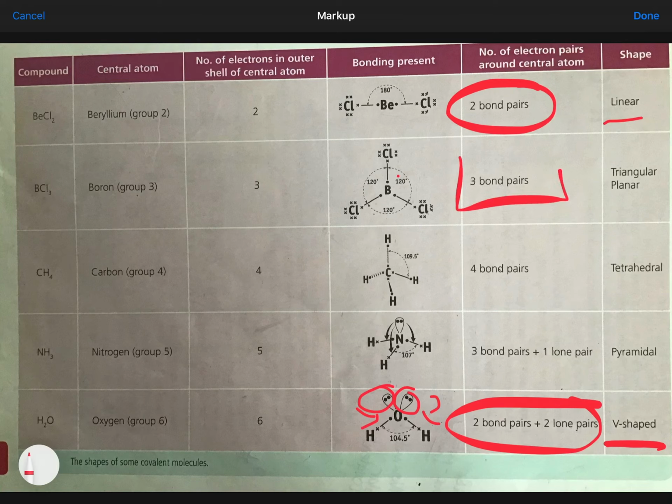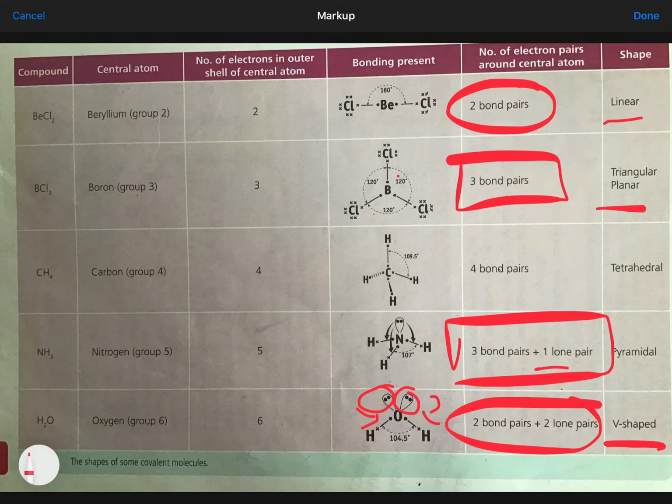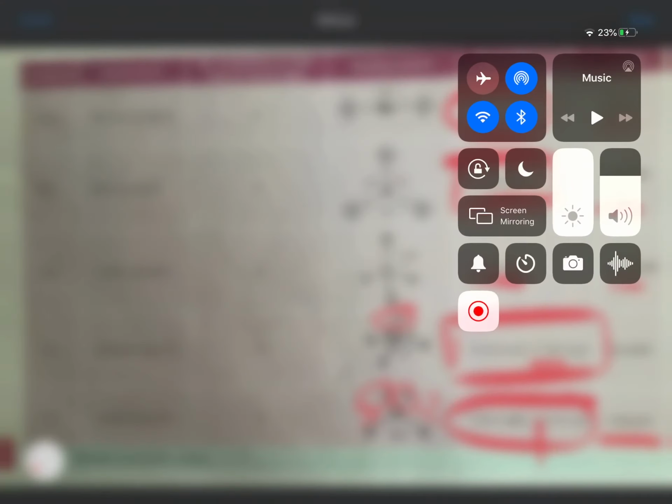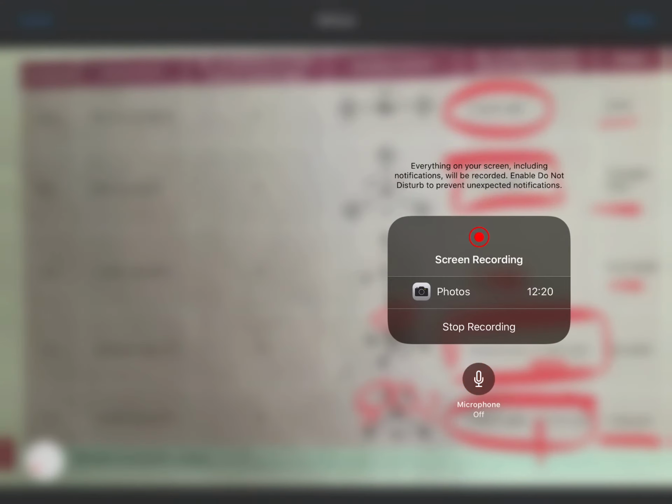They'll push the bond pairs, closing in that angle from 180 to 104.5. If you have just 3 bond pairs, it's triangular planar. But if you have 3 bond pairs and a lone pair, what's the lone pair of electrons able to do? Remember, lone pairs of electrons are not involved in bonding, and they will push the bond pairs of electrons closer together, closing in the angle from 120 to 107. 4 bond pairs, tetrahedral, you're familiar with that from our organic chemistry.